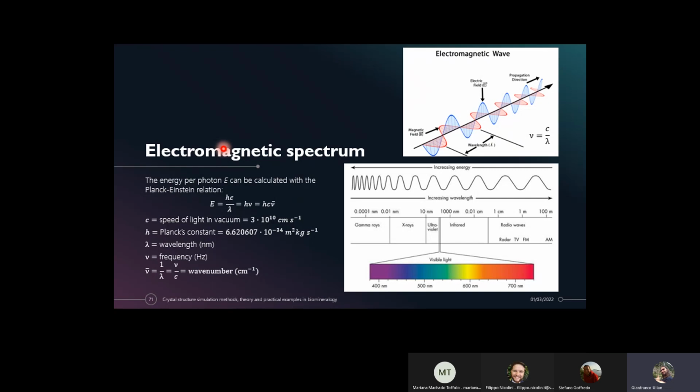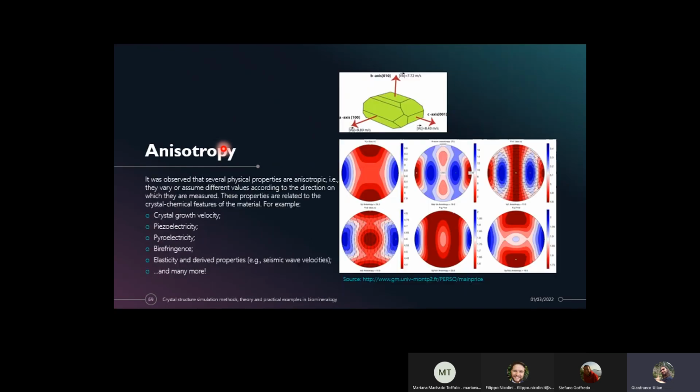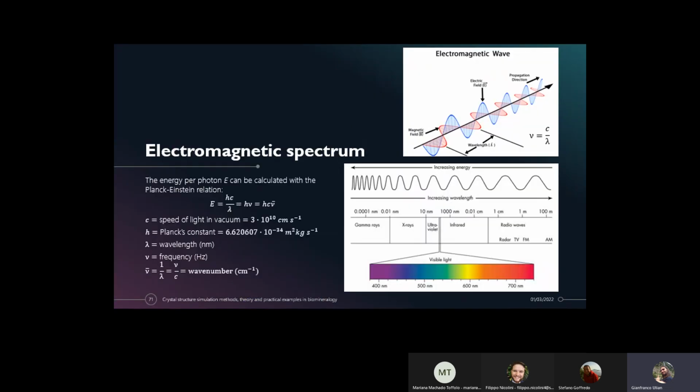Electromagnetic waves can be interpreted from a physical point of view as a wave, or as a particle that is called a photon, and each photon has an energy given by this relation. The energy of the photon is equal to Planck's constant multiplied by the frequency, or equivalently h times the speed of light divided by the wavelength, or h, Planck's constant, times c, the speed of light in vacuum, and the so-called wave number.